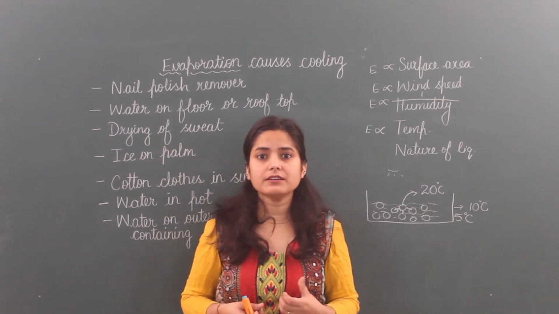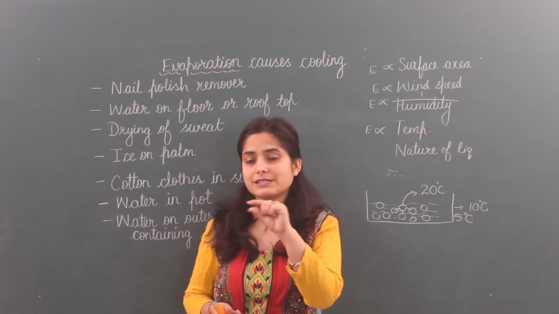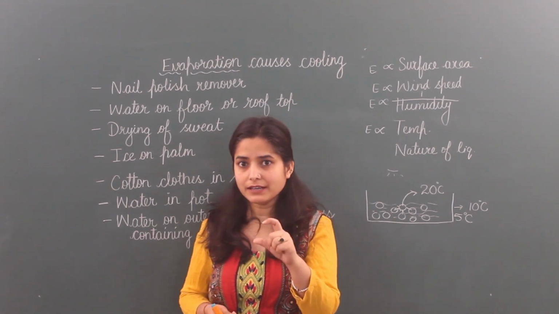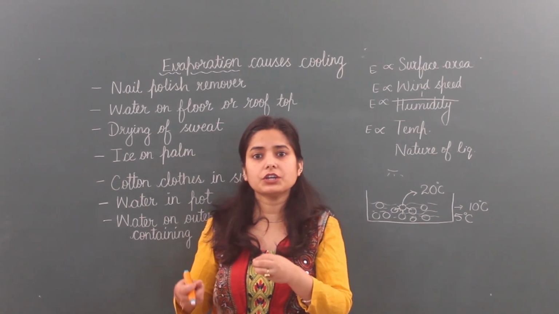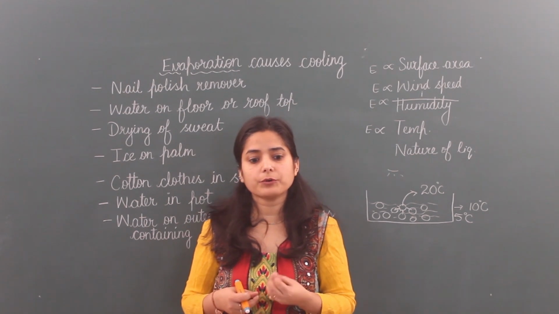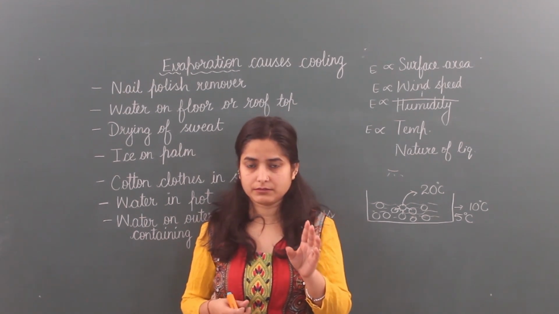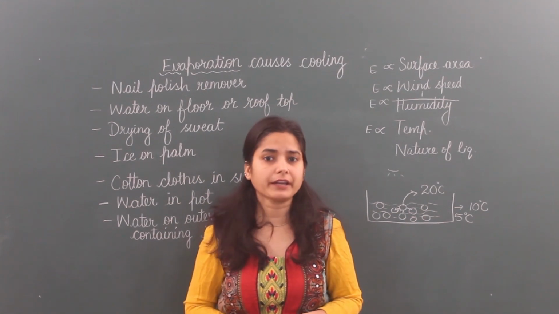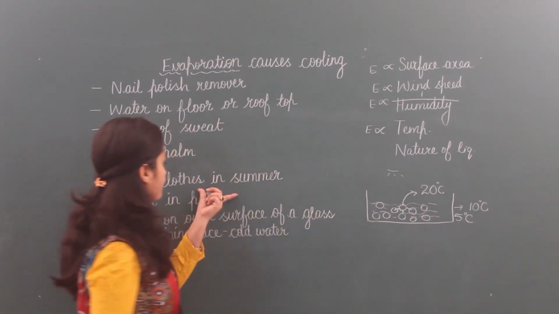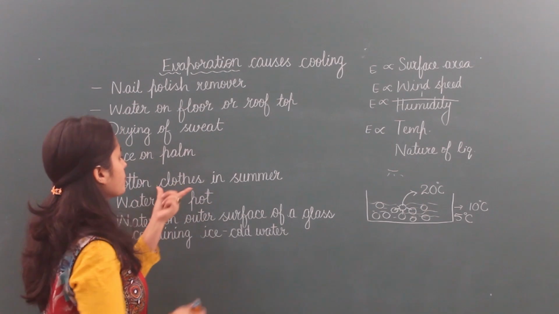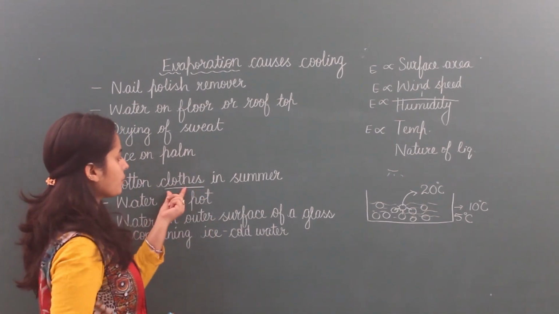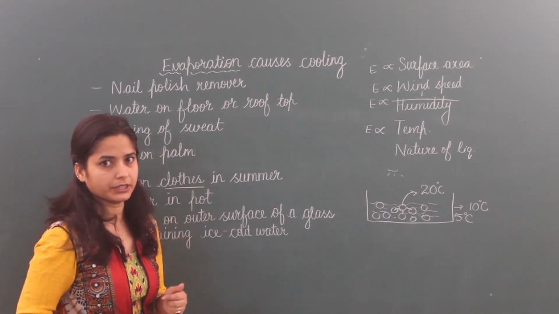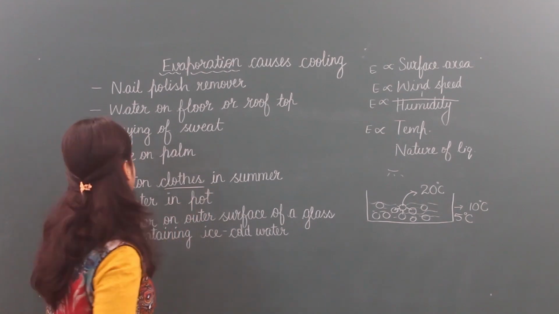When we sweat, this sweat goes inside those pores and takes heat from our body and evaporates outside. And what happens? Our sweat gets dried and we do not feel wet due to cotton clothes. So cotton clothes are comfortable to wear in summer season.